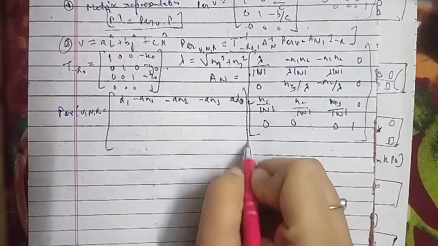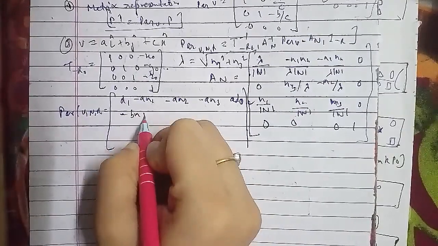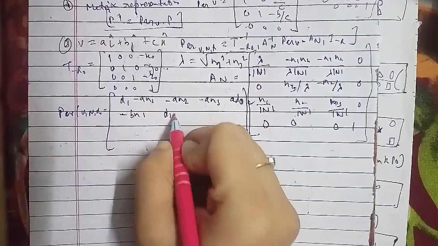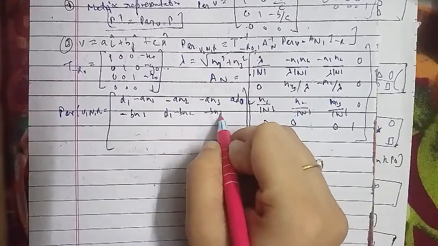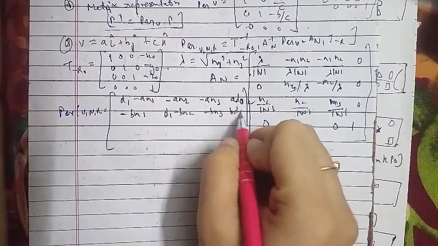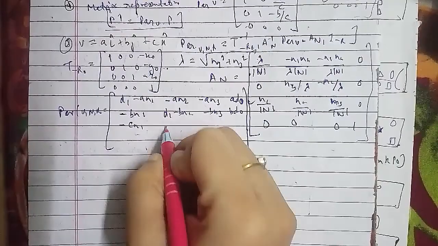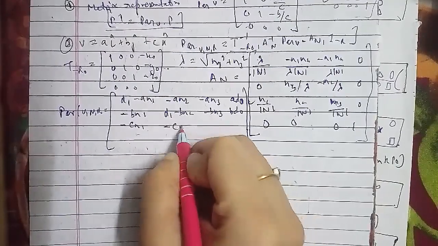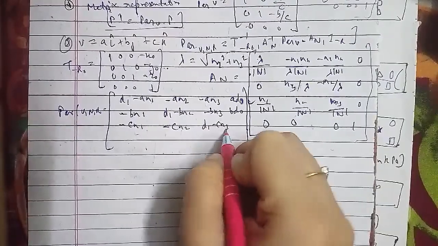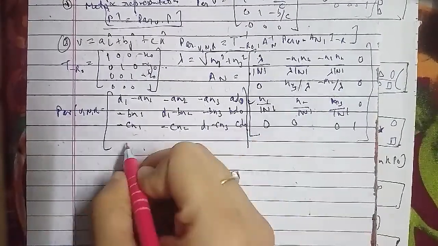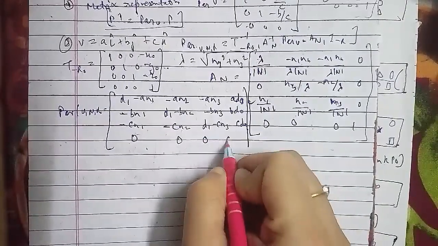The second row: minus bn1, d1 minus bn2, minus bn3, and bd0. The third row: minus cn1, minus cn2, d1 minus cn3, and cd0. Then 0 0 0 and d1.